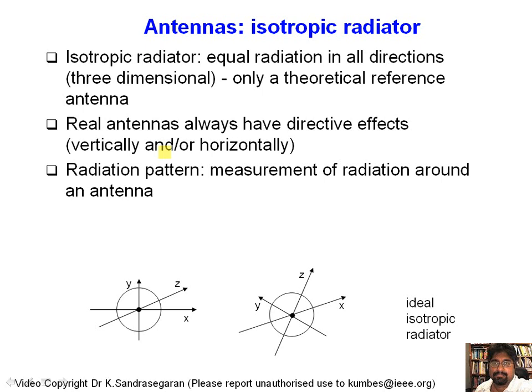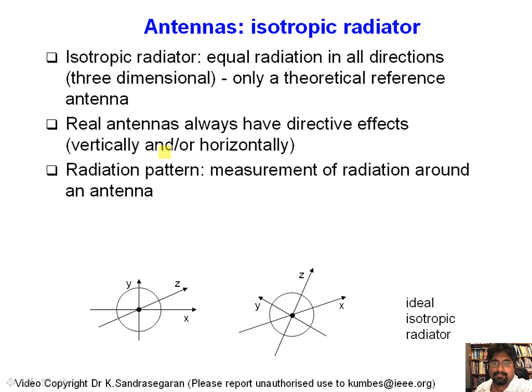And if you look at the half power beam width, this is the width of the beam that an antenna creates. So in the horizontal plane, it's 360 degrees because it radiates power equally in all directions. But on the vertical plane, it says 13 degrees.